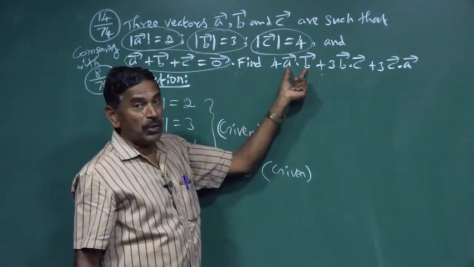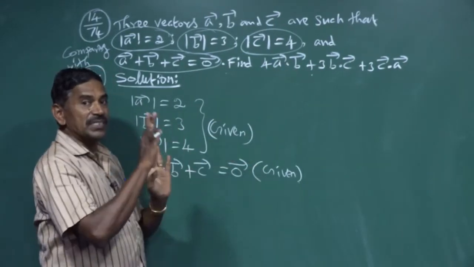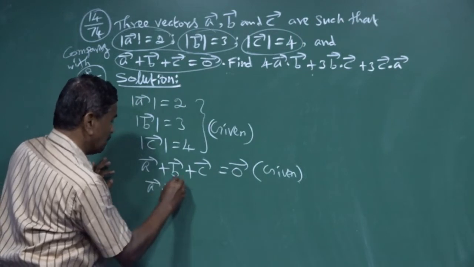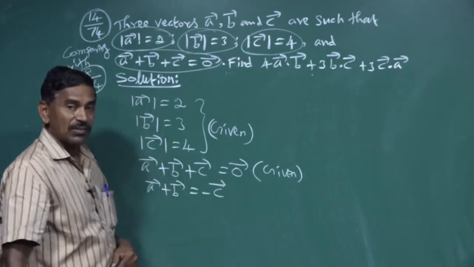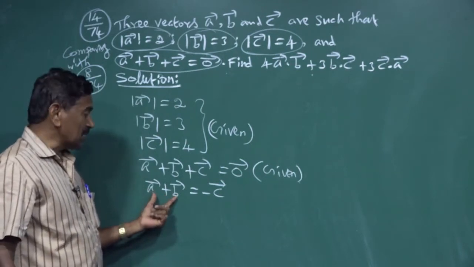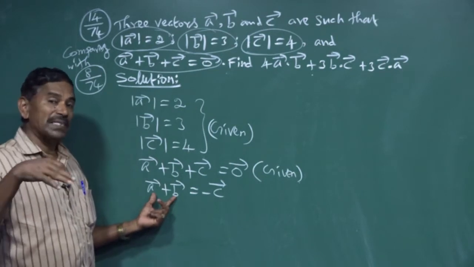To find the first value, a and b on the left side and c on the right side. That is the first step. So a vector plus b vector equals minus c vector. Now consider the left-hand side, which is of the form a plus b, matching the algebraic formula a plus b the whole square.